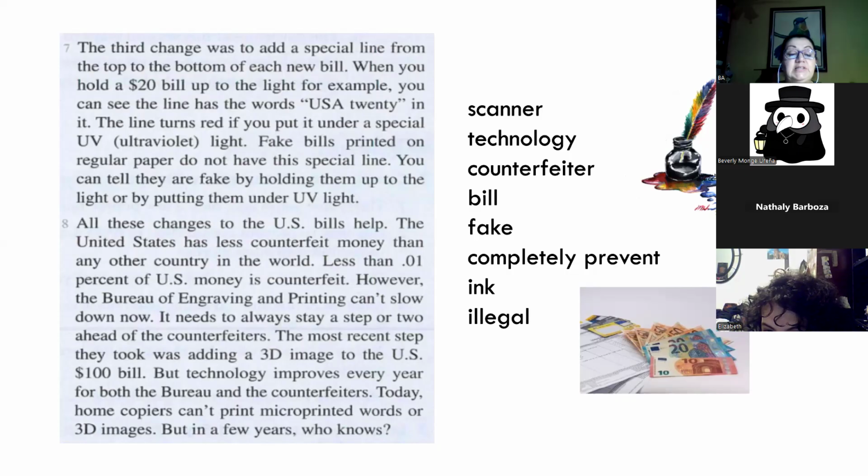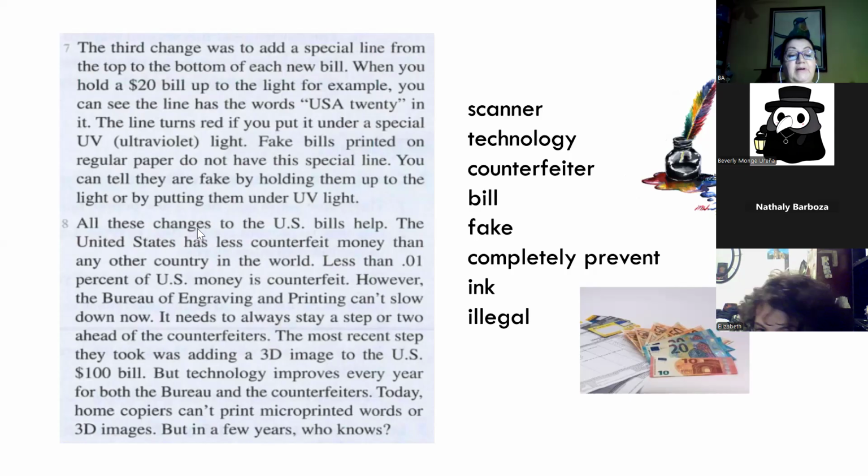The most recent step they took was adding a 3D image to the US $100 bill. But technology improves every year for both the Bureau and the counterfeiters. Today, home copiers can't print microprinted words or 3D images, but in a few years, who knows?